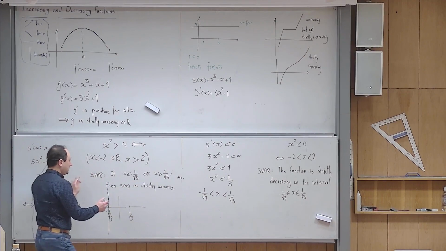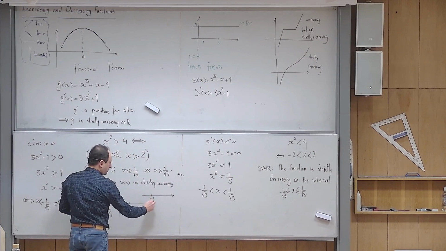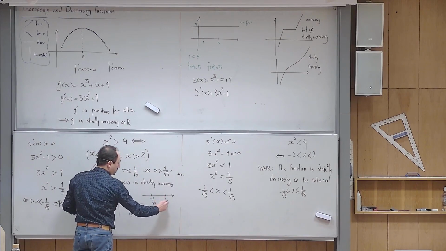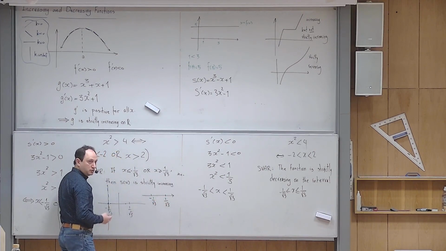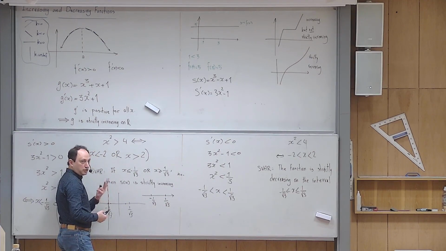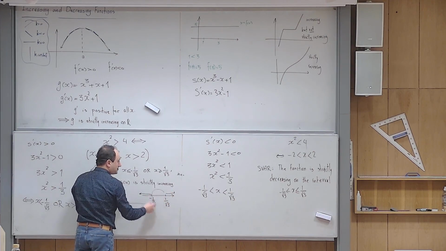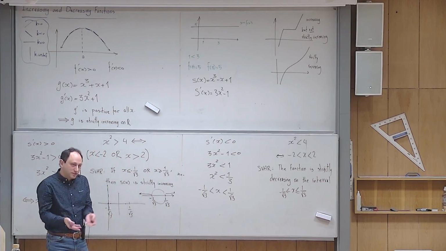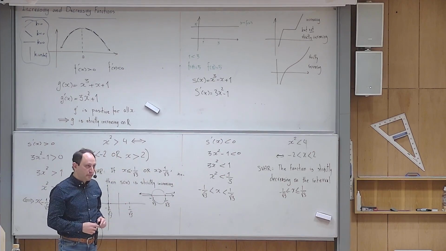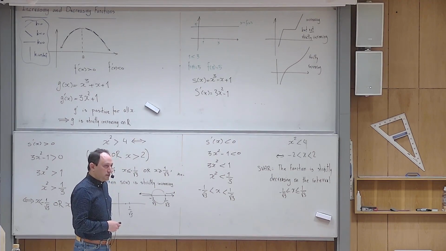Because here, this is the real line. This is minus 1 over square root of 3, and this is 1 over square root of 3. You realize this function is increasing only on two intervals, one to the left and one to the right. So what is left is those places where the function is not that one. But if the graph is straight, or horizontal, why would you call that still increasing?